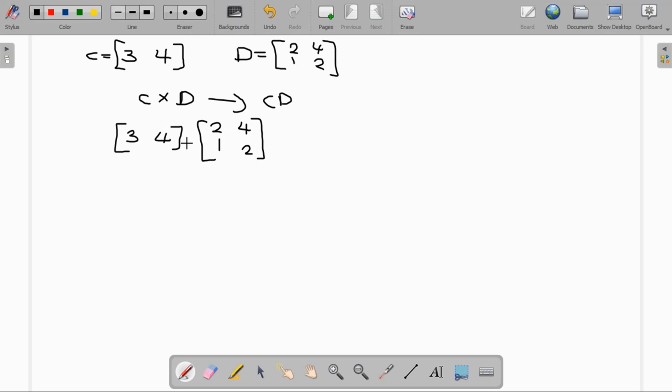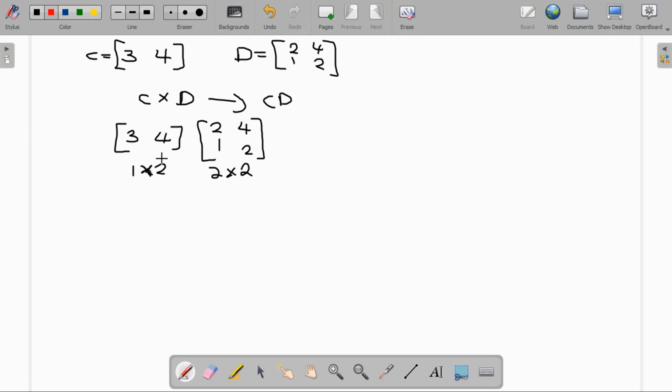So these are the two matrices that we have. This one is a 1 by 2 matrix, and this one is a 2 by 2 matrix.